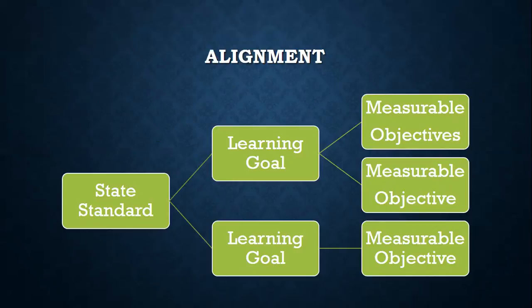Your entire teacher work sample and your edTPA must be based on a single unit of learning, beginning with the state standards, going through the learning goal, and then to measure how the student has learned from your instruction through the measurable objectives.